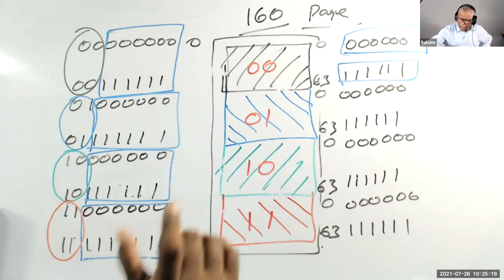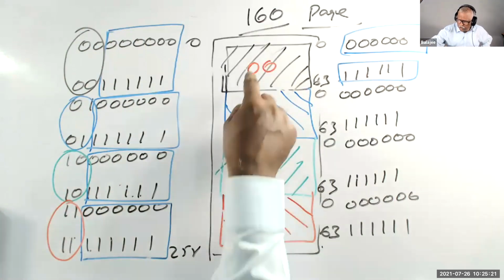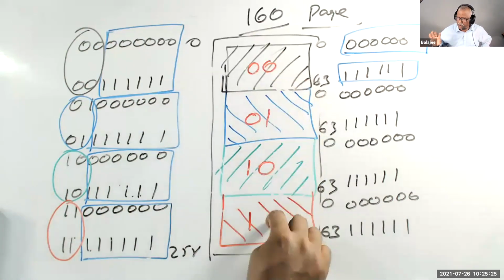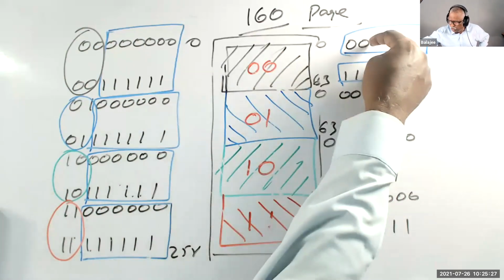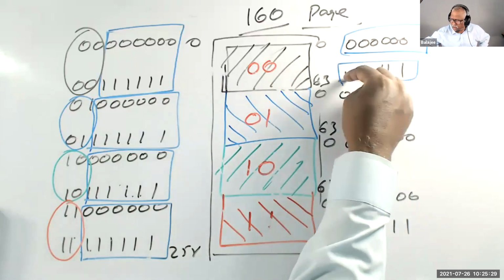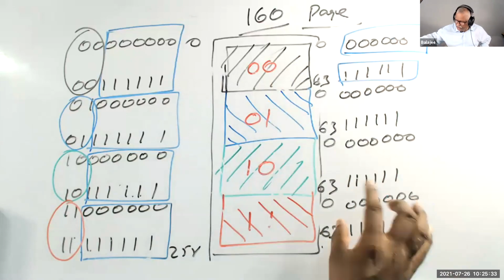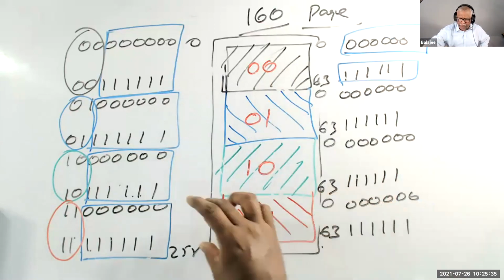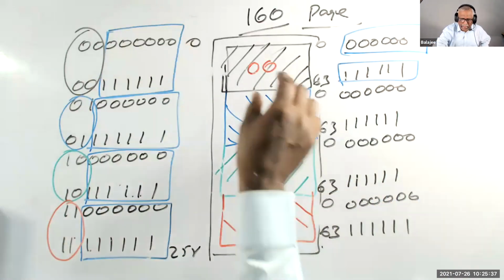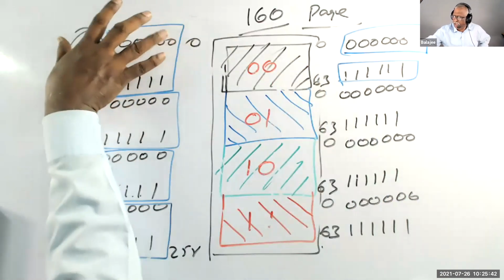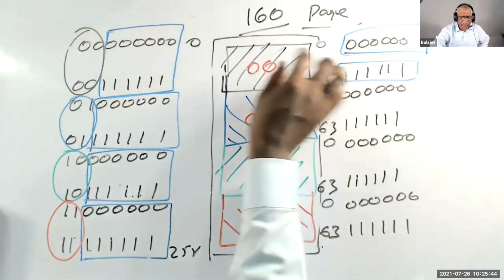That means I have divided it into 4 blocks, 0, 0, 0, 1, 1, 0, 1, 1 in binary, that is 0, 1, 2, 3. Then each one starts from 0 to 63. When I combine them, I add the block name and the starting address, and I get the address, the end address and the block name.